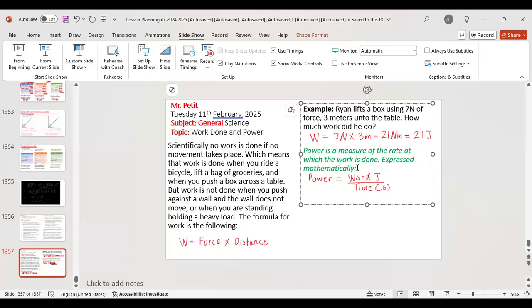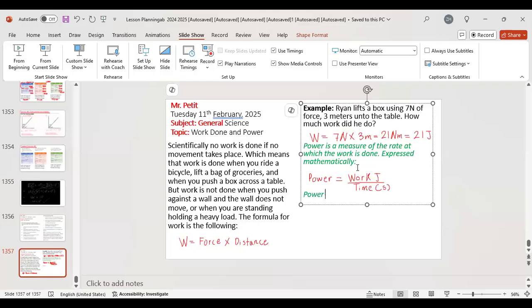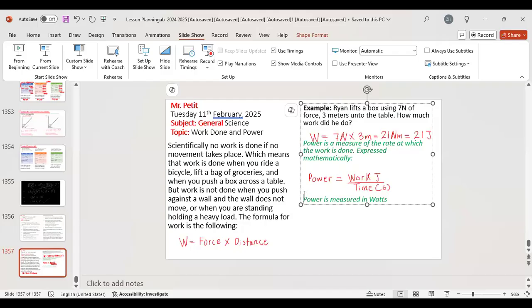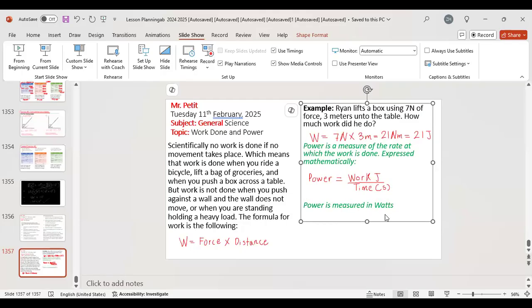So power is measured in watts, and watts is joules per second.